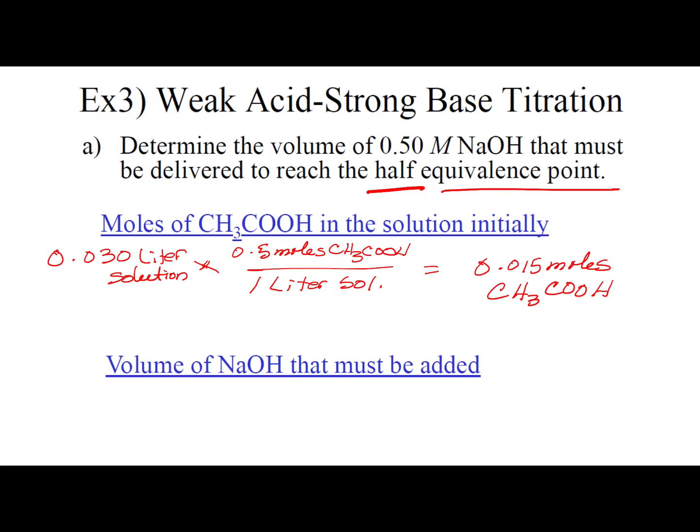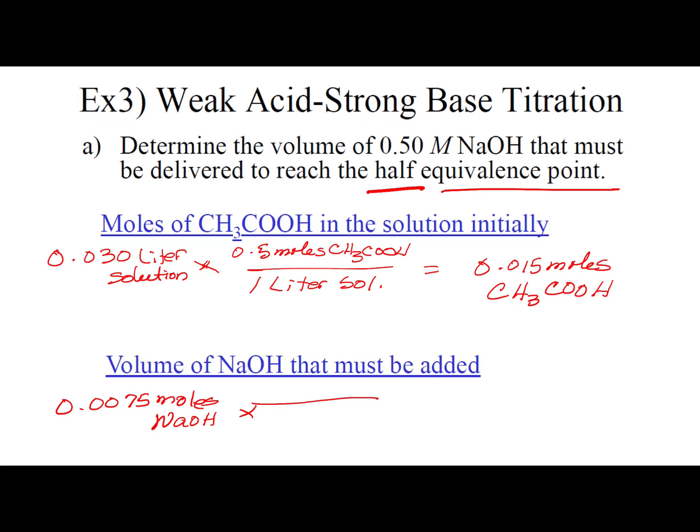If it were the equivalence point, we would want to know how much sodium hydroxide we would have to add to have 0.015 moles of hydroxide. But we want to go to the half equivalence point, so we're going to say 0.0075 moles, which is half of 0.015, of sodium hydroxide.